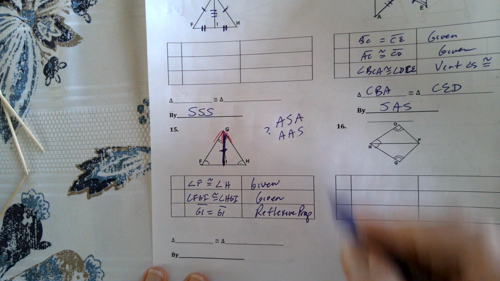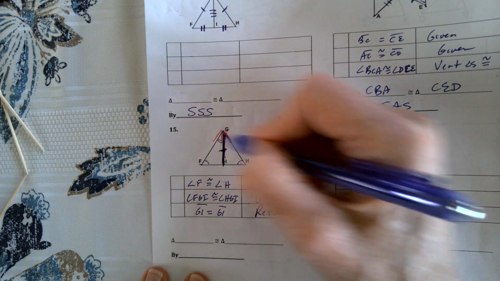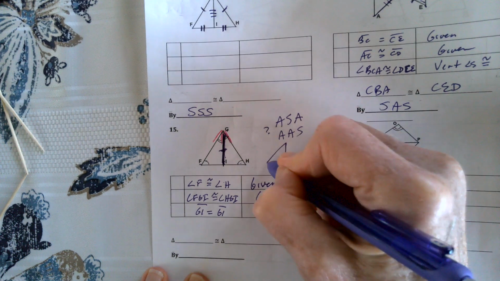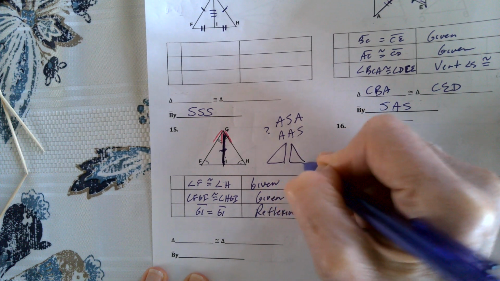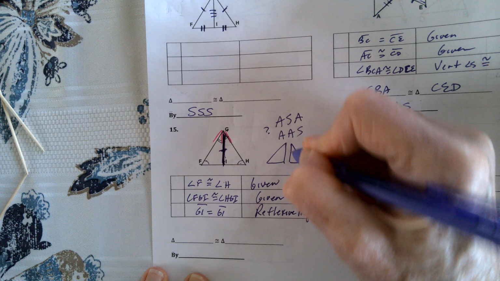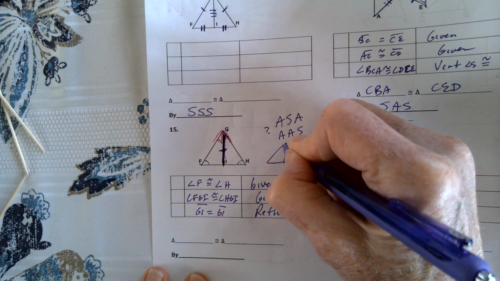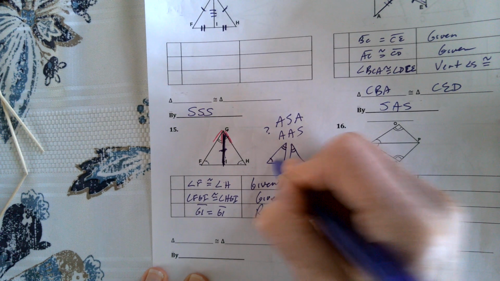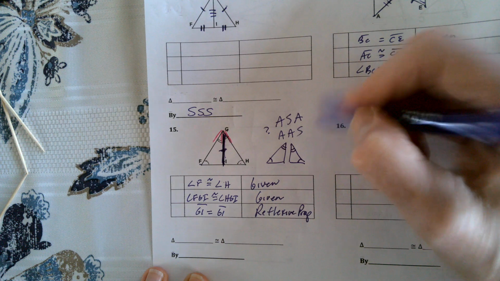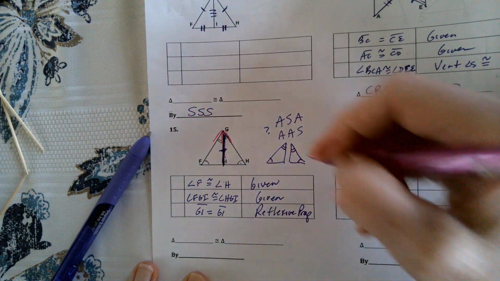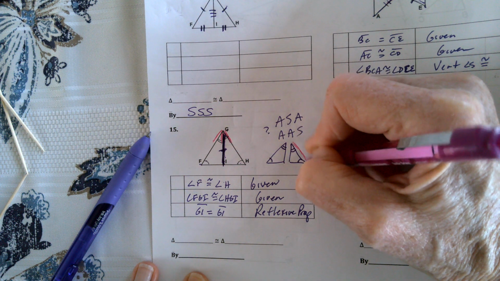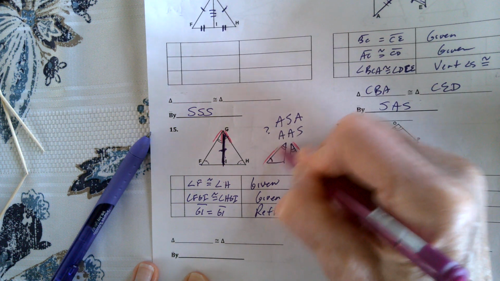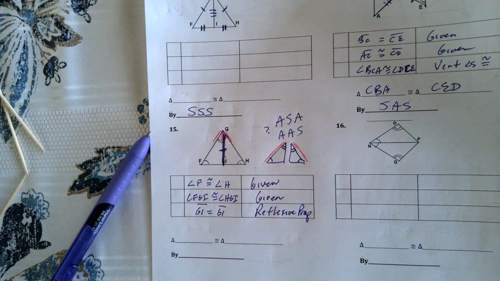Okay? So on this one, I've got these 2 triangles, right? I've got this angle and this pair of angles. If it were the included side, it would have to be the side that's adjacent to both angles, the side that both angles touch, the side that both angles sit on. Okay, it's between the 2 angles.